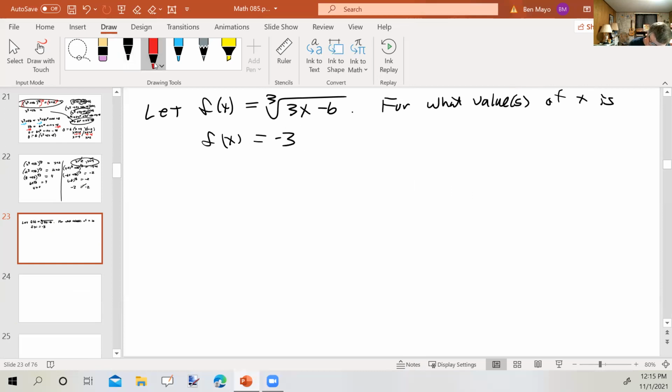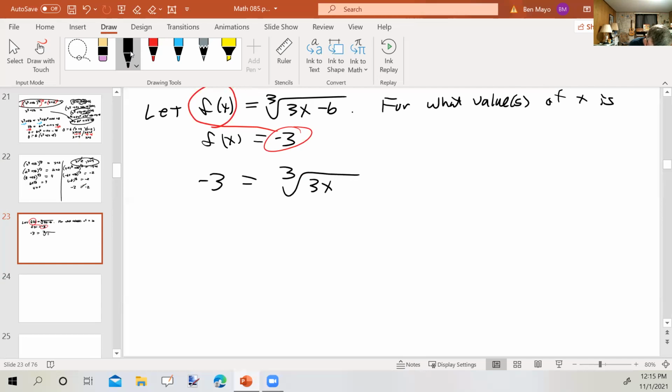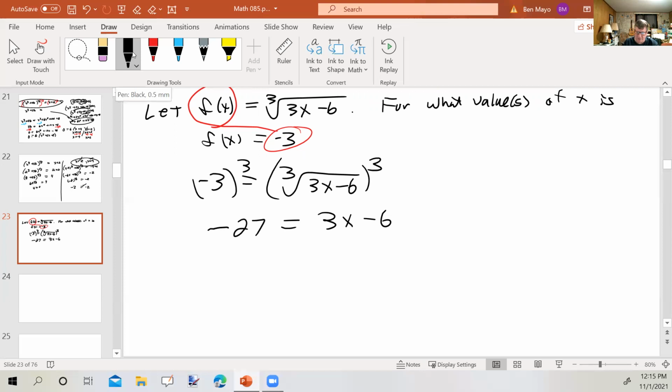So we're going to substitute. We're going to take negative 3 and not put it in place of x, but put it in place of f of x. So now we get this equation. The cube root, the radical, is already isolated. We'll come back and we'll cube both sides, and we get negative 27 equals 3x minus 6.